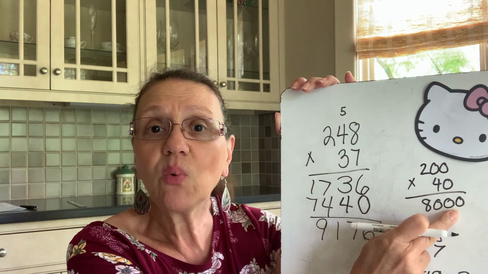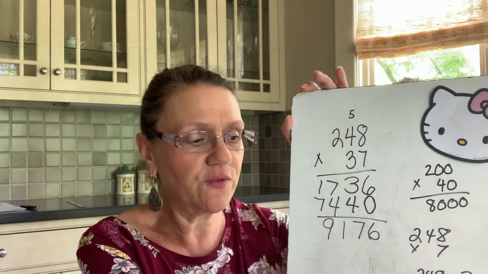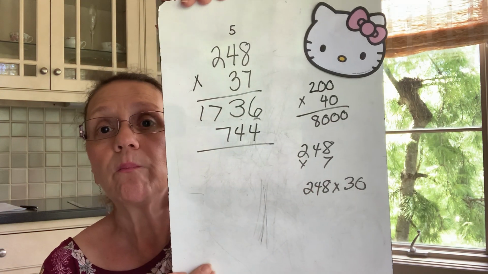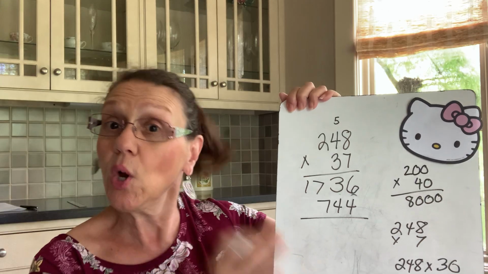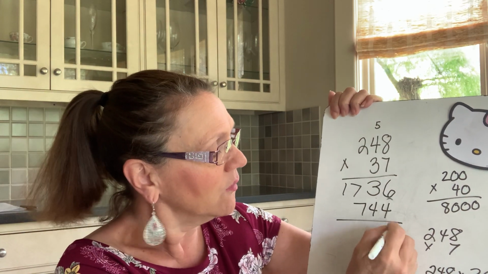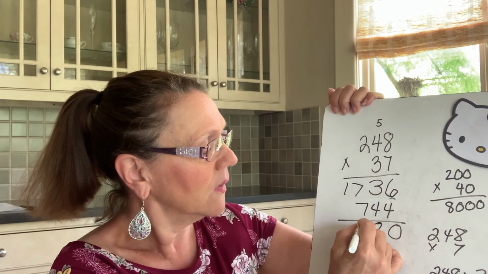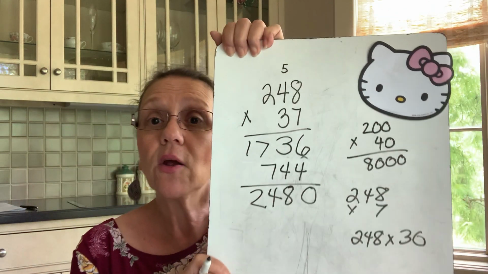Here's what happens when the number one fifth grader mistake, and from time to time, Mrs. Downs' mistake, is that we forget to put that 0 in. So if we forget to put the 0 in, here's what it looks like, okay? So now we go to add, and we add our 6 and 4 is 10, 8, 40, and we get our product.